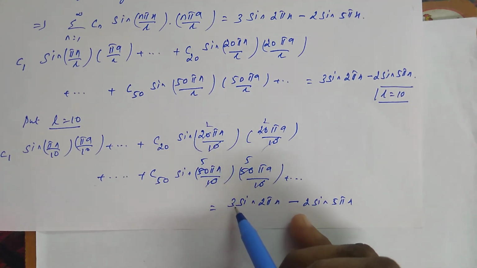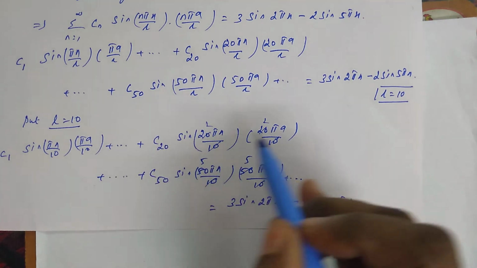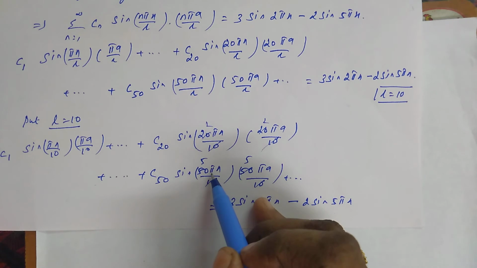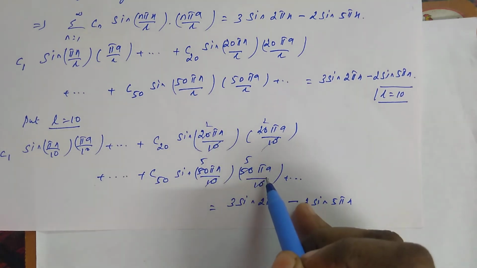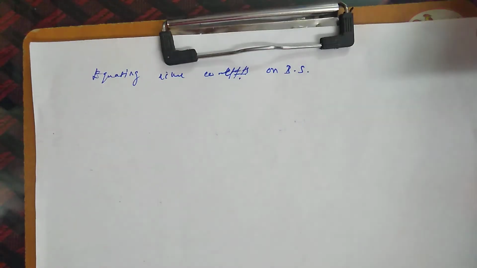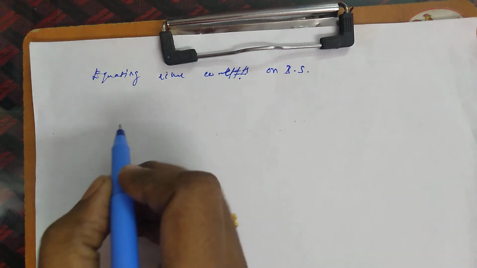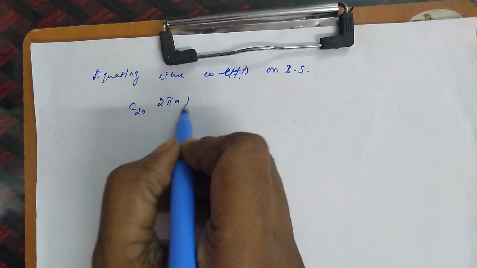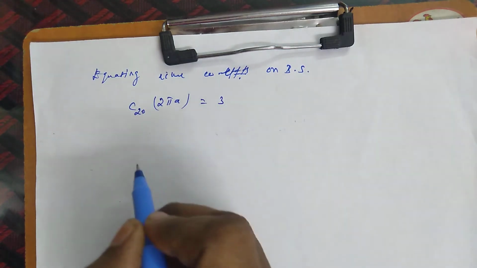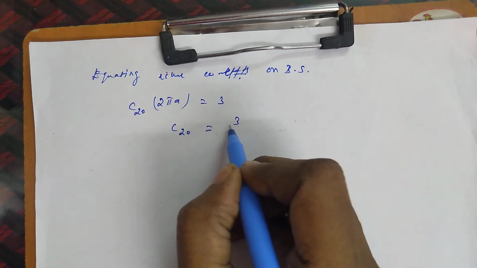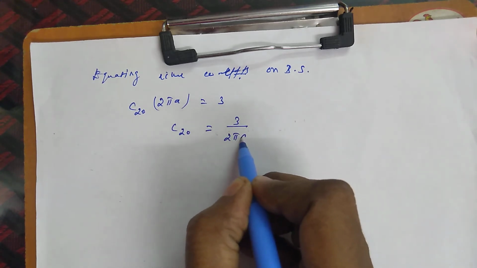In the right hand side we are getting 3. Here we can get C20 2 pi a. Likewise, for the sin 5 pi x we can get C50 5 pi a equal to minus 2. So only these two terms we can get. So equating the like terms on both sides, we can get C20 2 pi a equal to 3. We need the value only for C20. So C20 equal to 3 by 2 pi a.